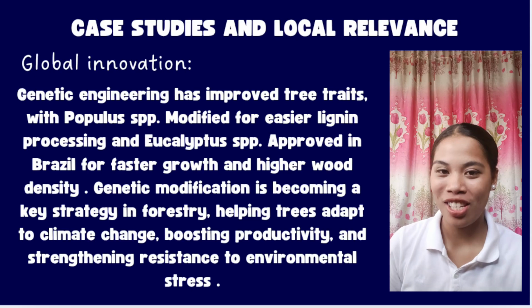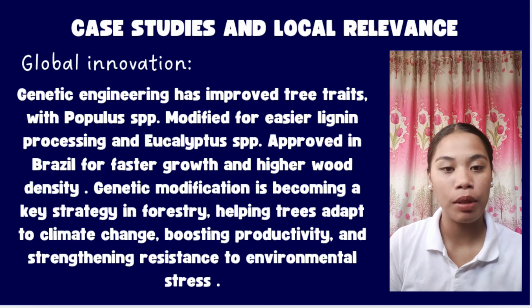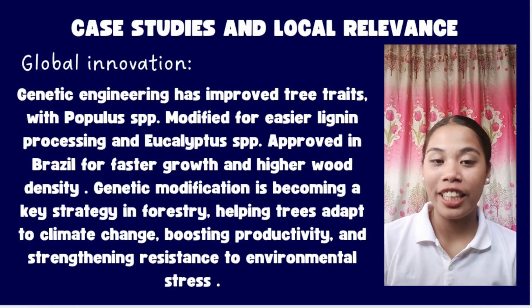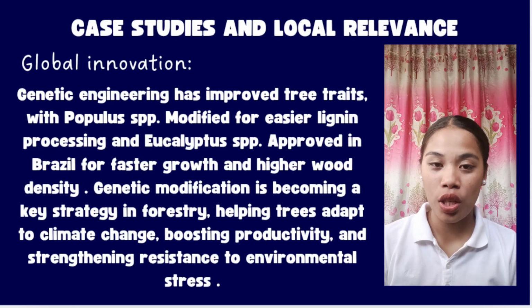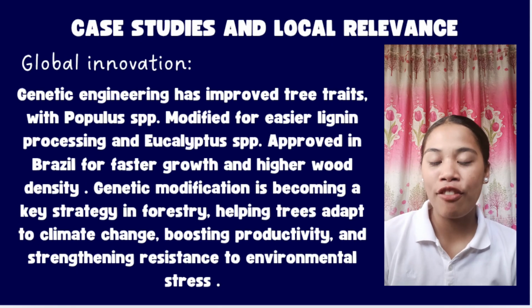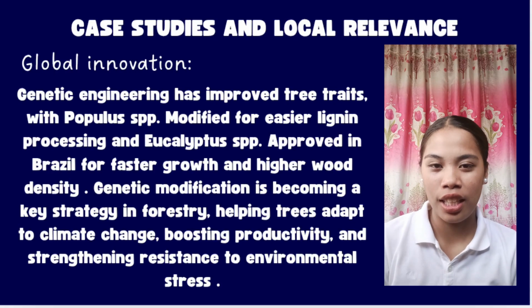Genetic modification is becoming a key strategy in forestry, helping trees adapt to climate change, boosting productivity, and strengthening resistance to environmental stress. The genetic enhancement of forest tree species has progressed from traditional breeding methodologies to advanced genomic and biotechnological innovation.